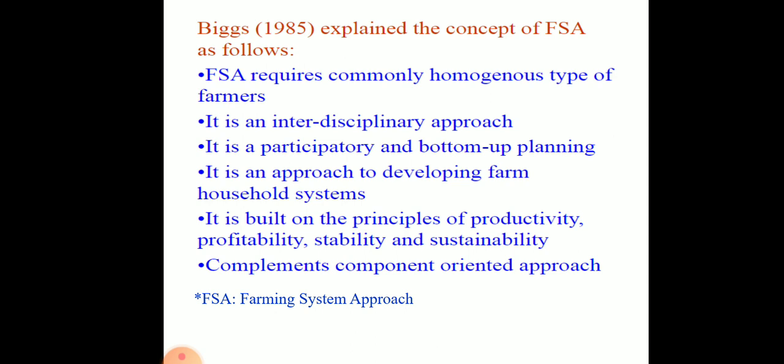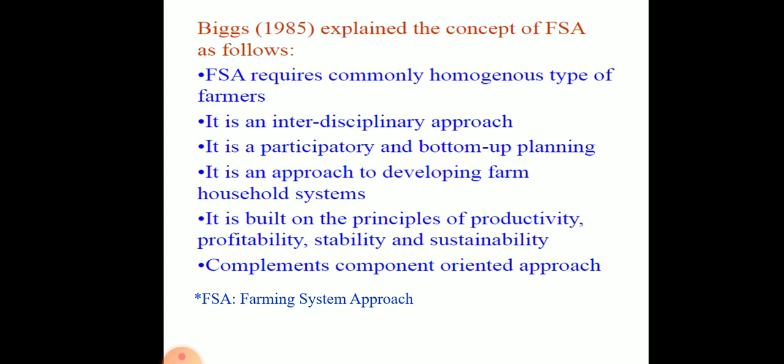Okay? And then bottom-up planning, ang ibig sabihin ng bottom-up planning, from the farmer itself, going to the members of the family, and from the family, going to the neighbors, okay? Sa kanyang mga kasamahang farmers until it will enrich the community.